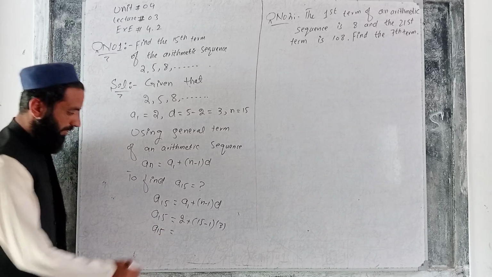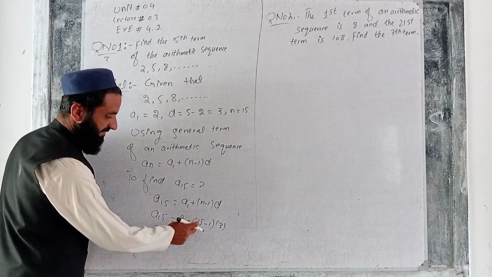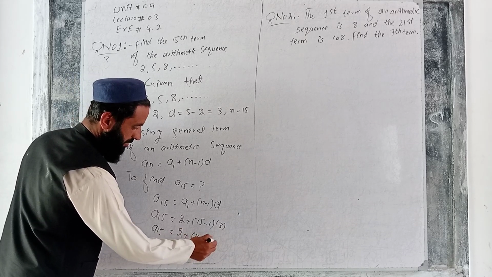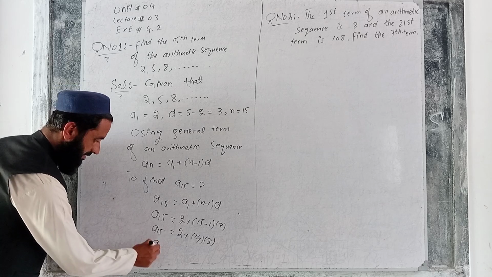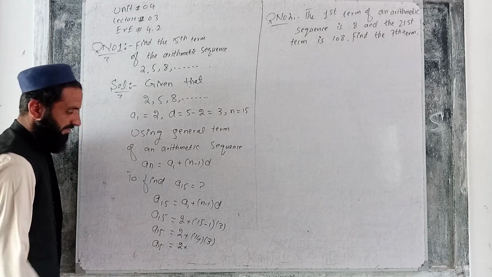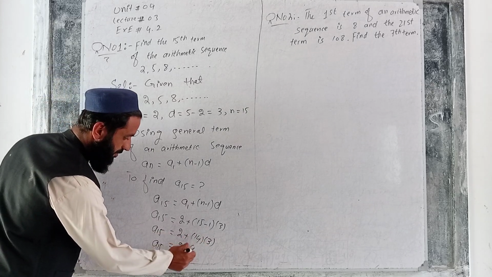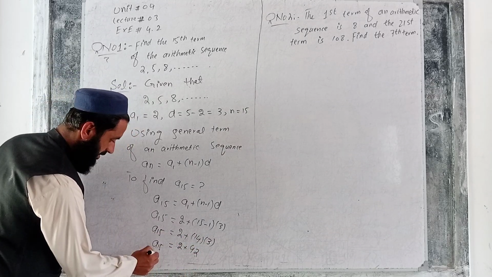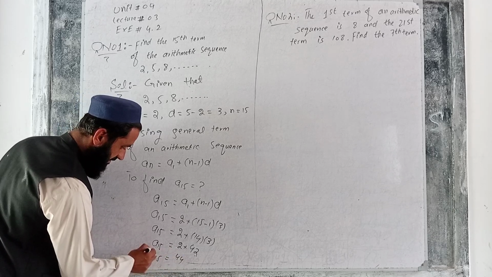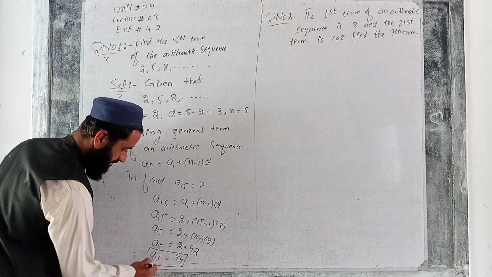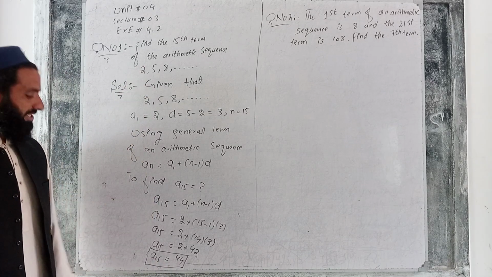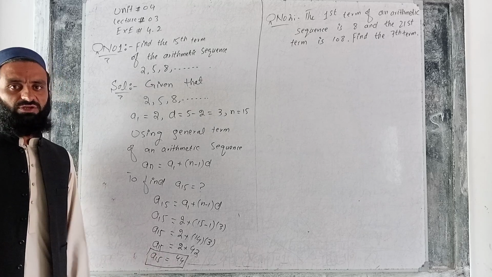Hence the 15th term is equal to 2 plus 15 minus 1, 14 into 3. The 15th term is equal to 2 plus 14 threes are 42. A15 is equal to 44. Hence the 15th term of the given arithmetic sequence is equal to 44.